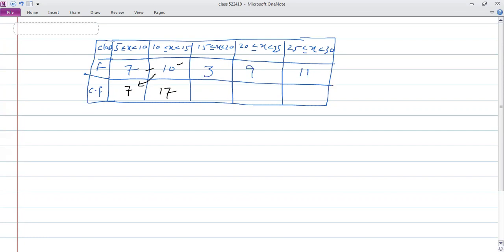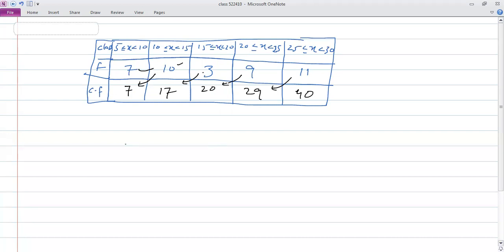For this one, all previous frequencies add: 10 plus 7 plus 3, it will become 20. Now in this one, add this, it will be 29. In this one, add this, it will become 40. So that is the way to complete the cumulative frequency.